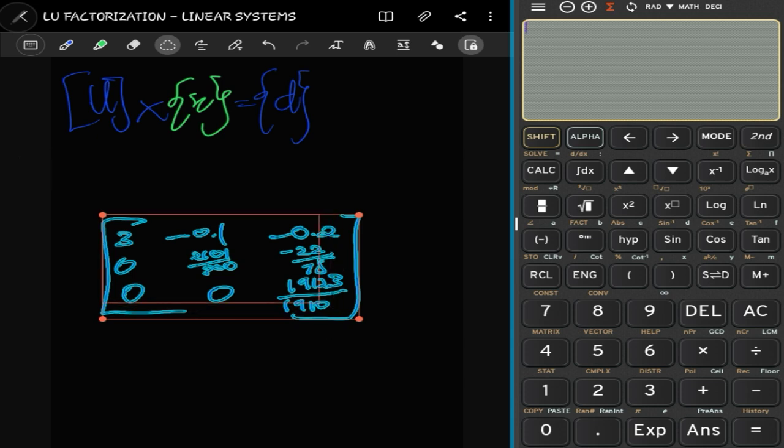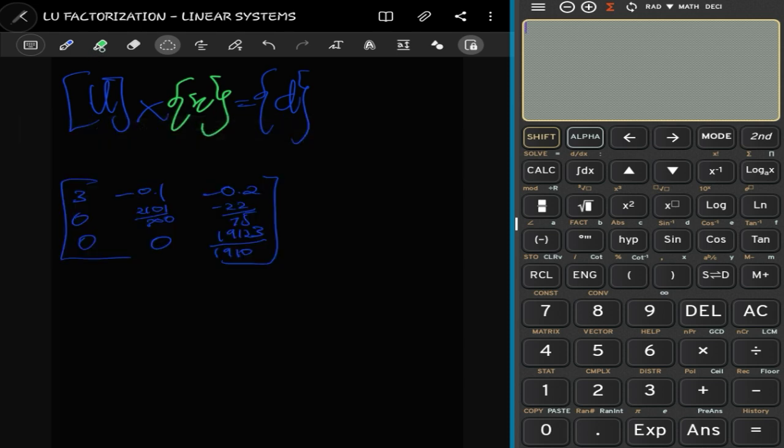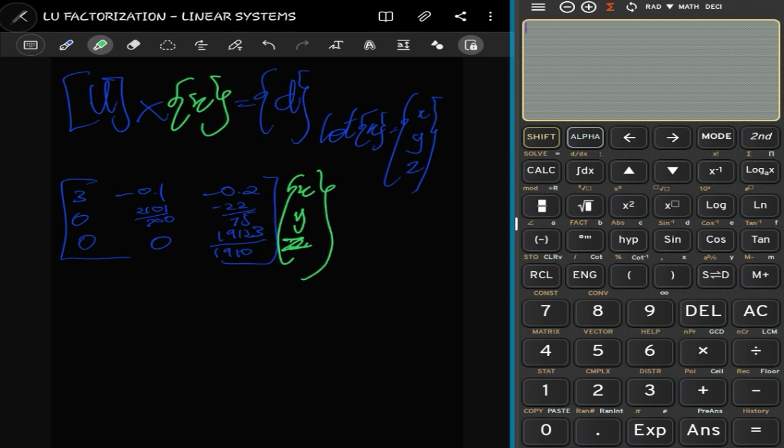And now x, which is what we are trying to find, is basically x1, x2, x3, right? But to make our work easier and clearer, we can let this x equal the vector x, y, z. Here, instead of x1, x2, x3, we just do x, y, and z. That way, you don't get any confusion. It's much more clear.